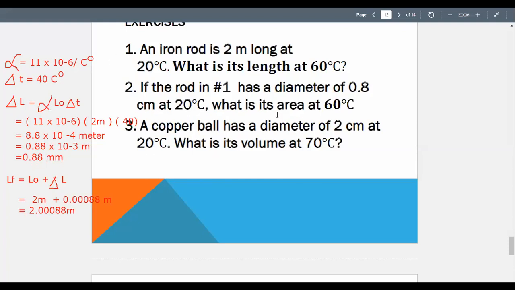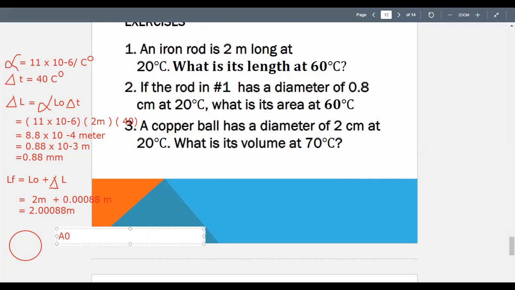So if the rod is circular, since it has a diameter being mentioned, then it must be considered as a circle. How do you get the area of a circle? So for number 2, all that you will find is its original area.